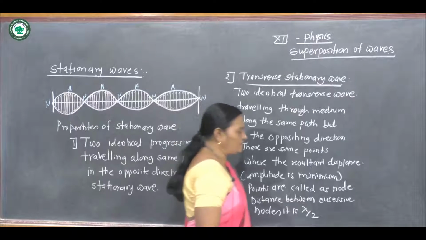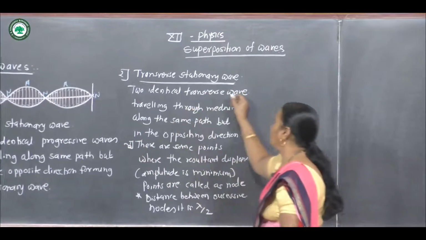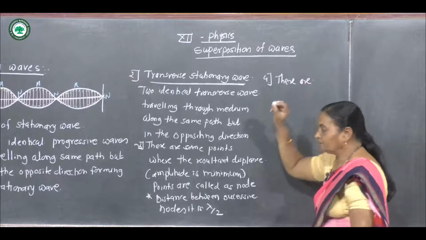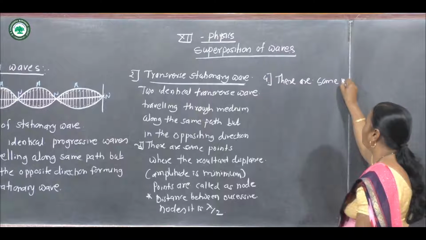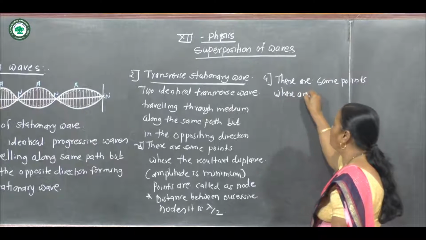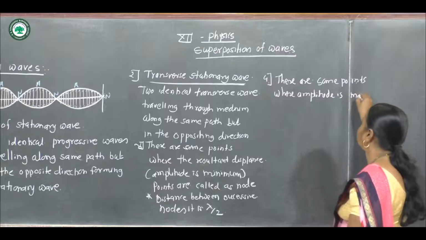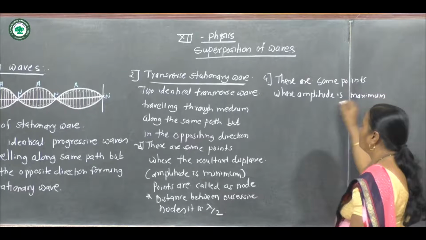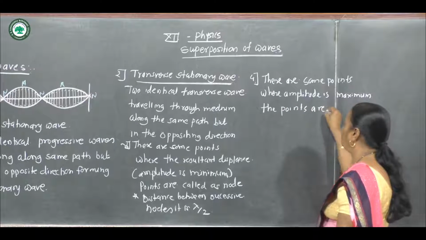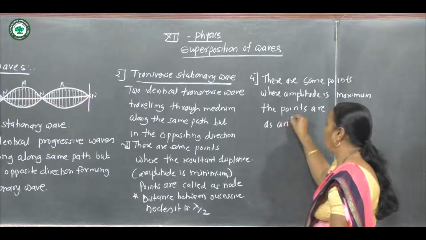Then there are some points where the amplitude is maximum. The points are called antinodes.